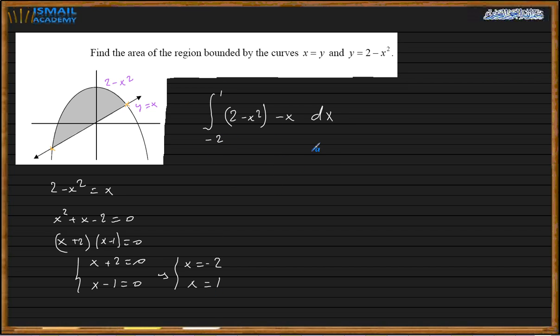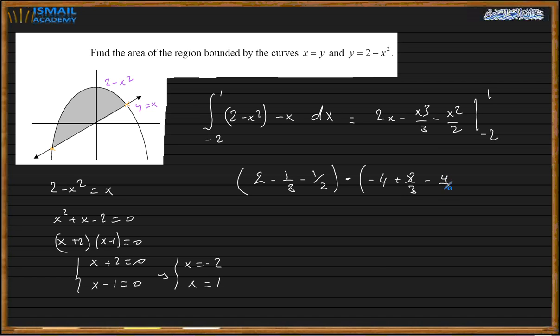Then I integrate here, so it's going to be 2x minus x cubed over 3 minus x squared over 2 between minus 2 and 1, and you substitute here, so you're going to have 2 minus 1/3 minus half, minus, and you got minus 4 plus 8 over 3 minus 4 over 2, and you can simplify here.